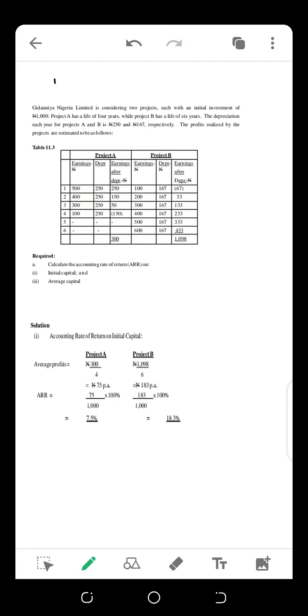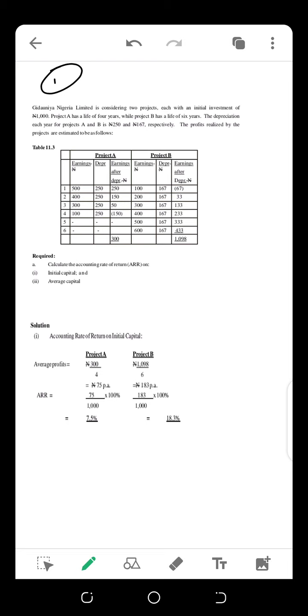Question 1. This question belongs to Gijaniya Nigeria Limited, which is considering 2 projects, each with an initial investment of 1,000 naira, which is our outlay cost.